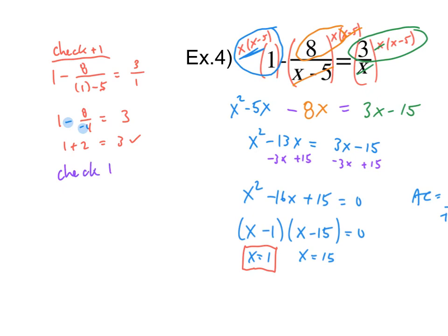And then checking 15. 1 minus 8 over 15 minus 5 equals 3 over 15. So 1 minus 8 over 10 equals 3 over 15.